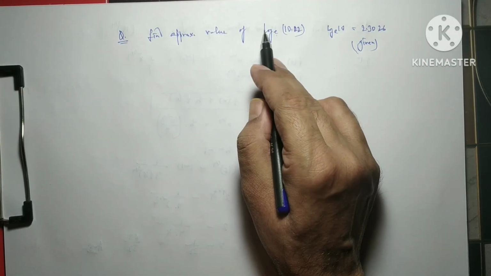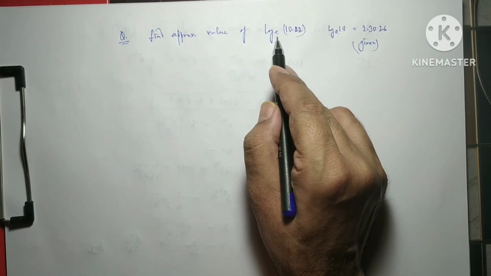So find the value of log 10.02 to the base e, natural base.